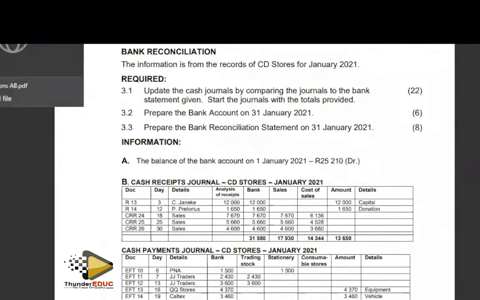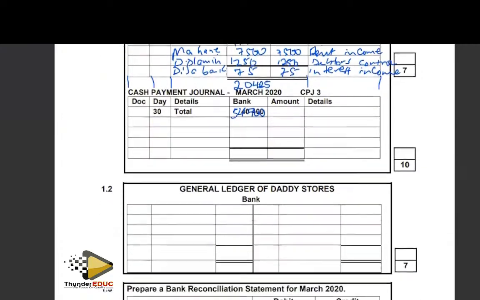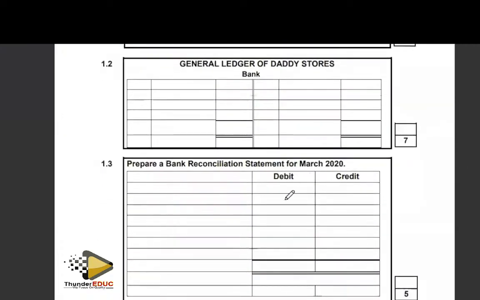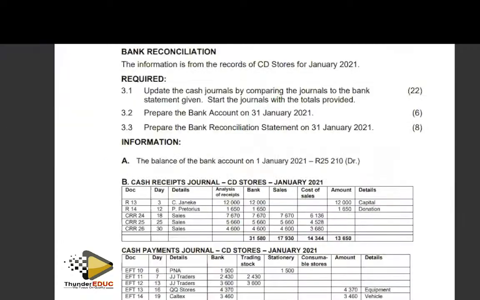Remember, the bank reconciliation statement is a continuation of this bank statement, which you got from the bank.